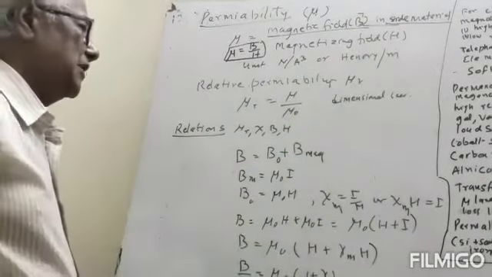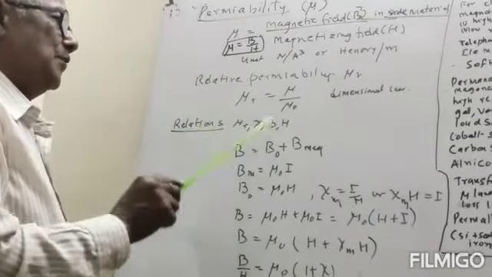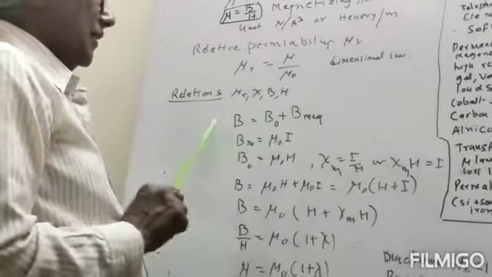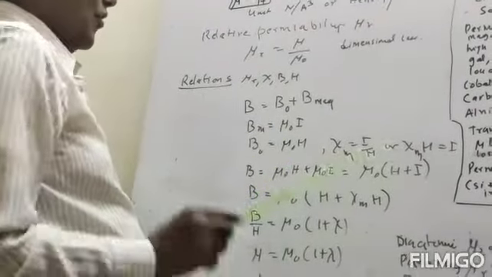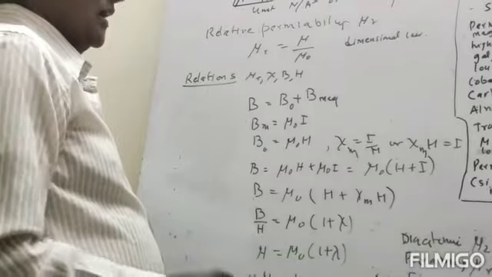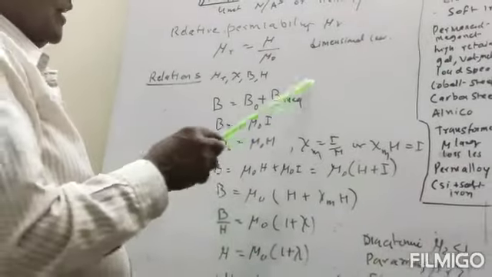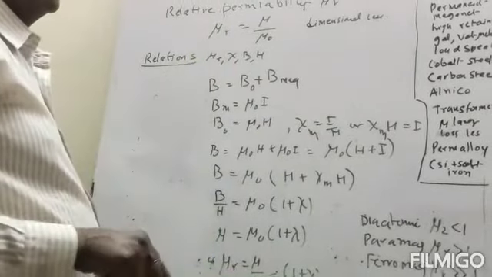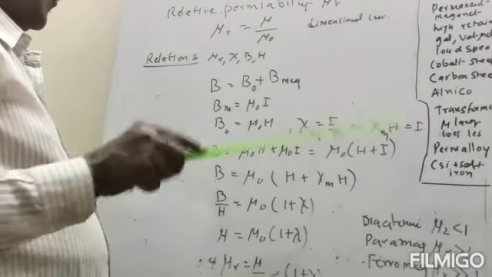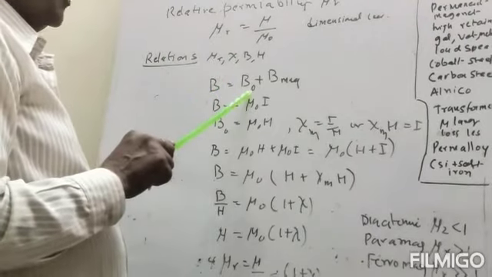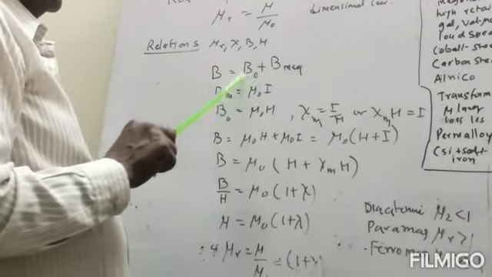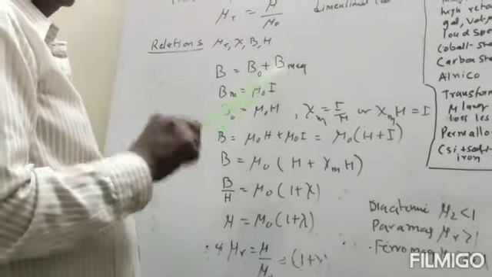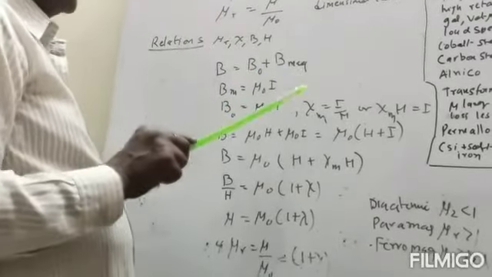Now we have to find the relation between mu, chi, B, H, and so on. If we apply the magnetic field on a substance, then what happens? As I told earlier, when we apply the magnetic field on the substance, there are two types of magnetic field. One is the magnetic field due to the external magnetizing force plus the magnetism that is developed in the material.